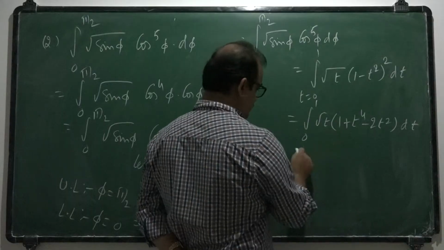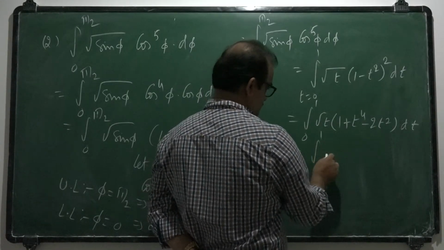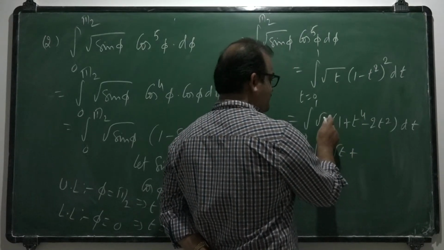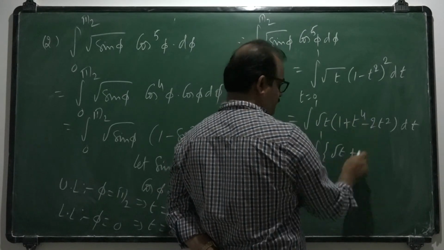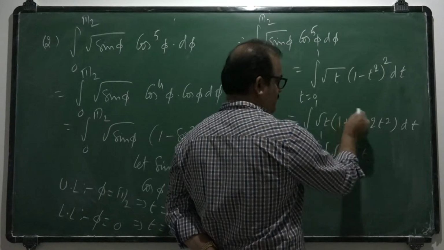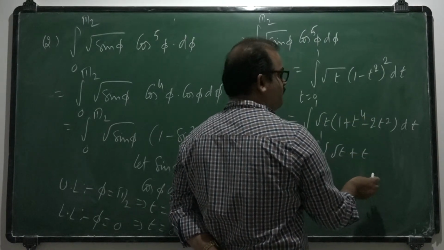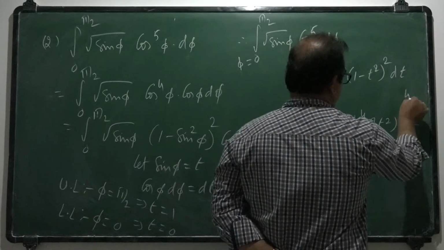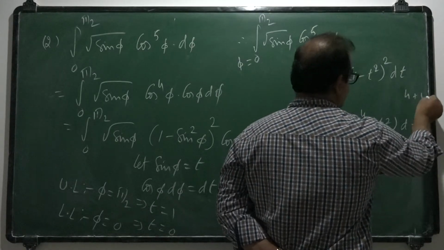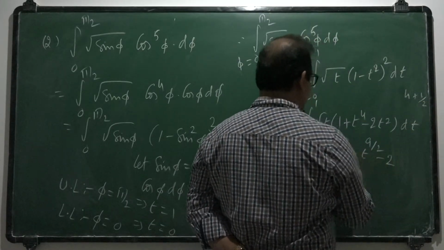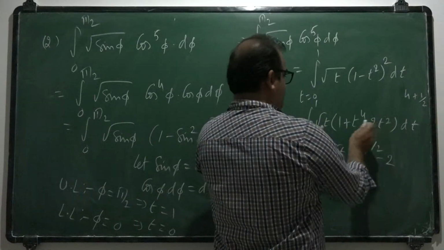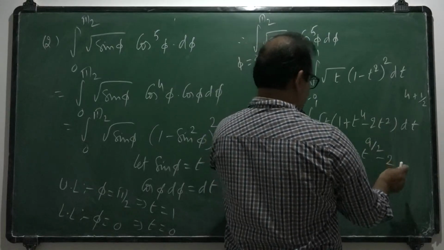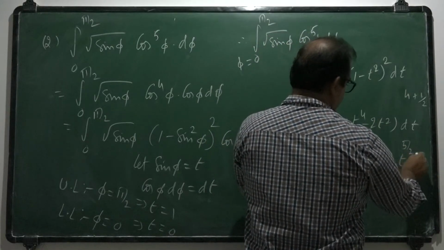Take this root t into the bracket: root t into root t, that is t power 1 by 2 into t power 4, t to the power of, adding the powers, 1 by 2 plus 4, 9 by 2, minus 2 into root t into t square. Here also add the powers: t power 1 by 2 into t square, t to the power of 5 by 2, into dt.